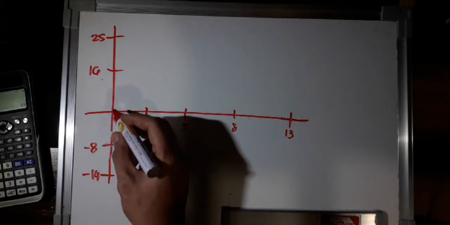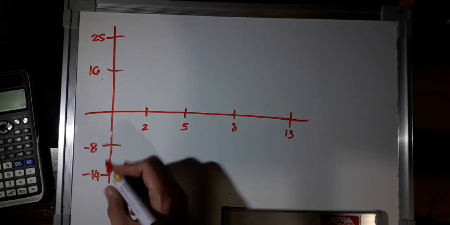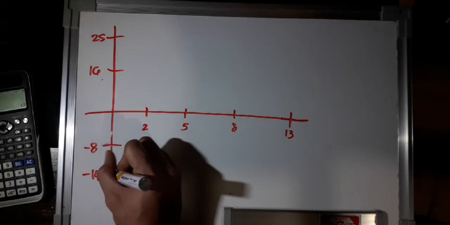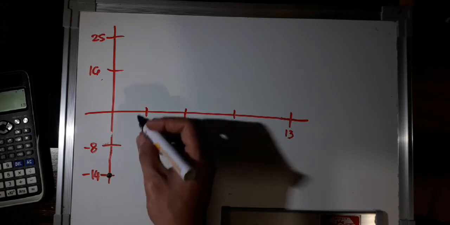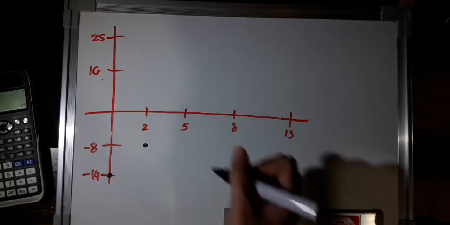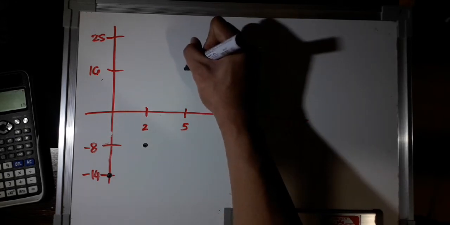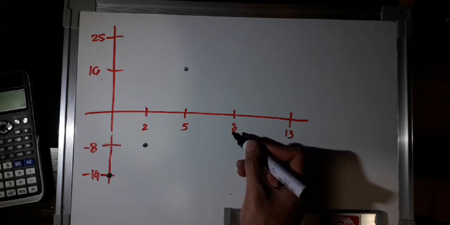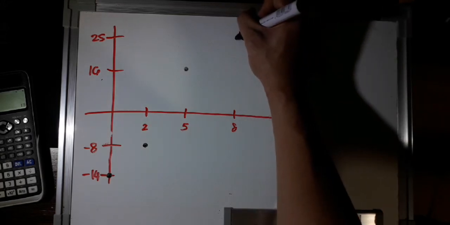So when time is 0, the velocity is 14. So 14. And then when time is 2 seconds, we have negative 8 feet. When time is 5 seconds, we have 16 feet per second. And then when time is 8 seconds, we have 25 feet.